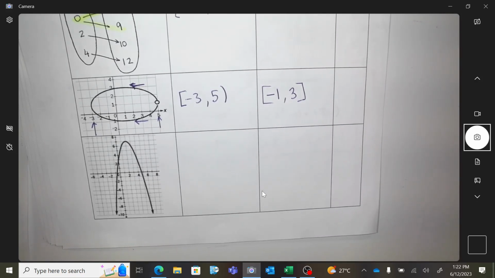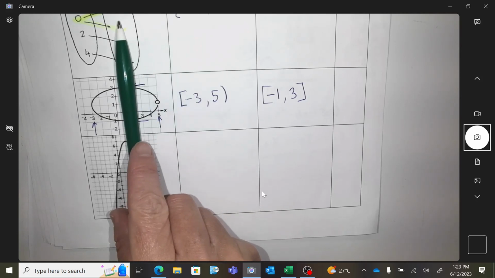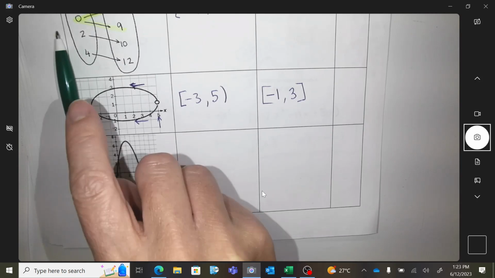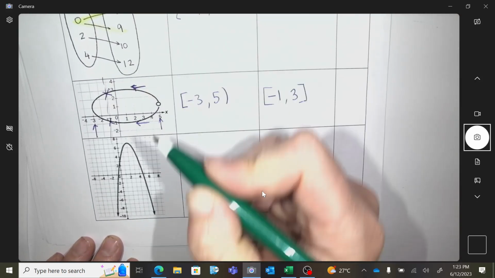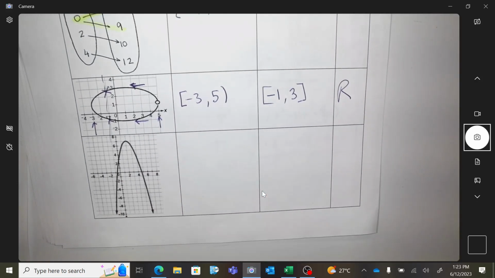I'm picking square, square, because I was exactly that and exactly that. Okay, so now I can actually just use the vertical line test. It's a relation. This is a fail, right? For instance, if I'm here at -1, I'm crossing at 2 spots, so it's a fail. So it's just a relation.